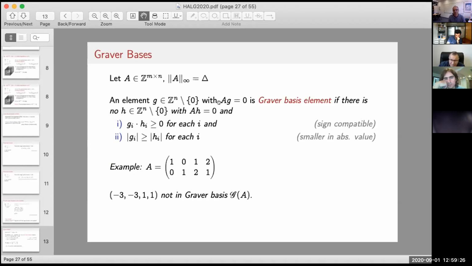So an integer element in the kernel is an element of the Graver basis if there exists no other non-zero element H in the kernel such that it is sign compatible with G, that means Gi times Hi is greater or equal to 0 for each i, and it is smaller in absolute value. That means the absolute value of Gi is greater or equal to Hi for each i. Okay, so now let's take, for example, this matrix here.